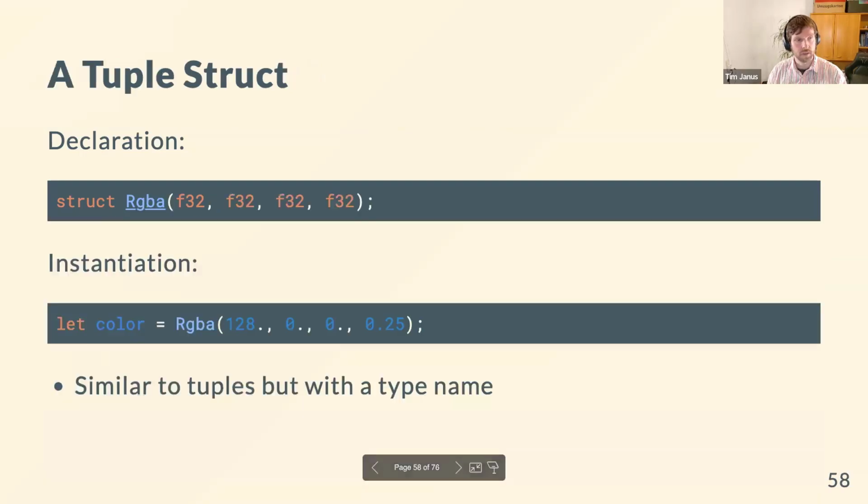And there's also a tuple struct. We saw tuples last week, and a tuple struct just gives you the possibility to have a real type name for a tuple. And that's how you declare it, just a comma-separated list of types. And you can instantiate it in this way by giving it values.